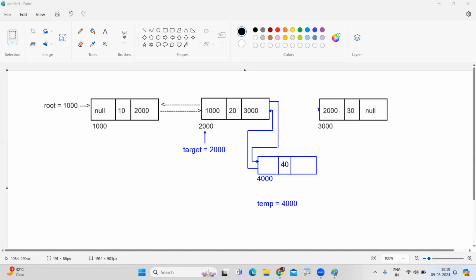Next 2 more connections, right side. But you know already, right side connections only first. Right side connections first, because suppose if you give left side connections first, then we lose right side links.